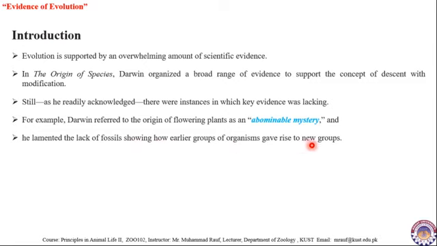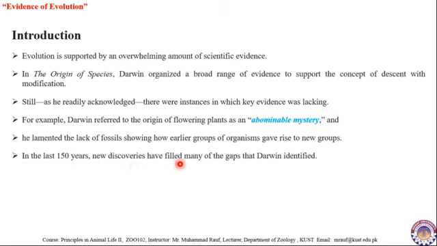In the last 150 years, new discoveries have filled many of the gaps that Darwin identified. Courtesy of advancements in technology, many different techniques are employed, which has enabled researchers to fill the gaps and find the missing links.